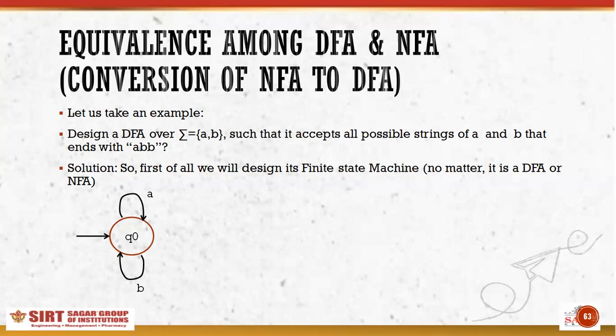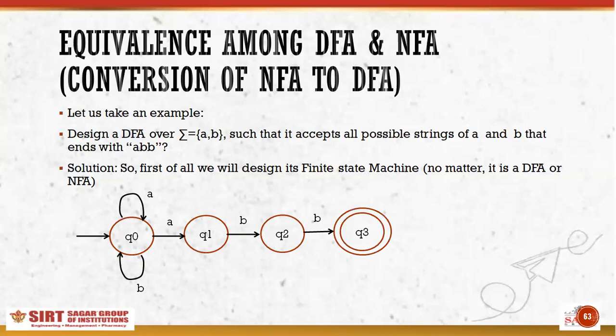But the condition of the question is that the machine reaches the final state, or says valid, whenever the tail end has abb. So I will take a and reach Q1, then b and reach Q2, and then b again to reach the final state Q3.